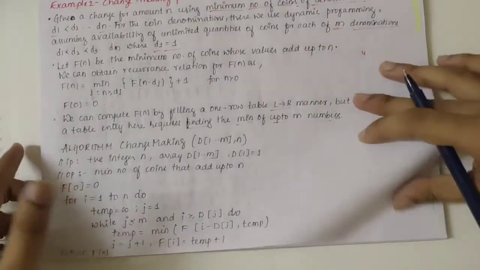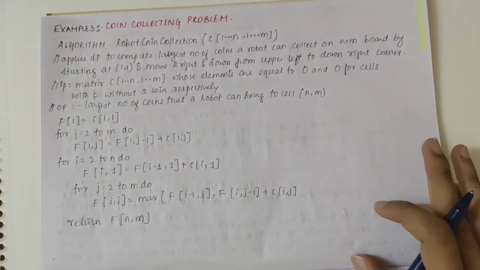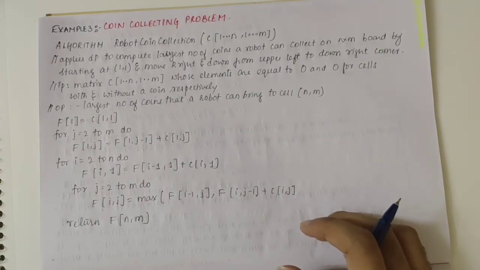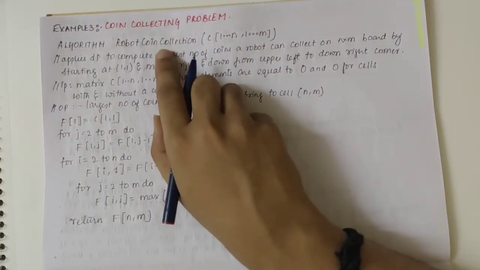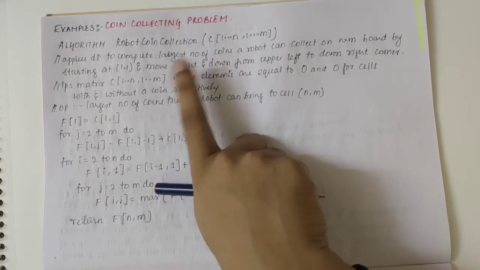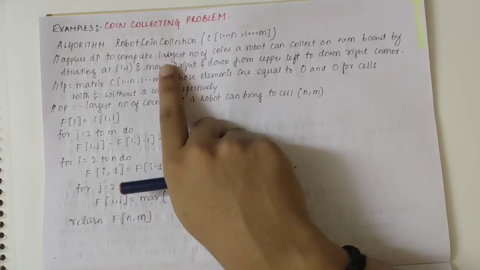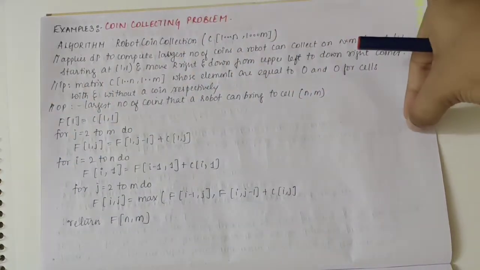Let's look into the third example now. That is, we have the coin collecting problem here. So let's quickly look into the algorithm part of this. This algorithm applies dynamic programming to compute the largest number of coins a robot can collect on an n cross m board by starting at 1 cross 1 and moving right and down from the upper left to the down right corner.